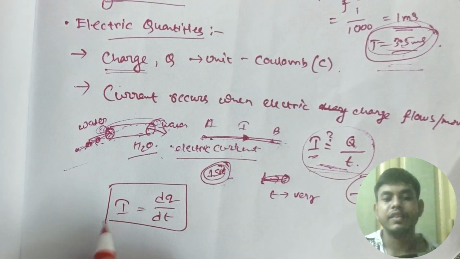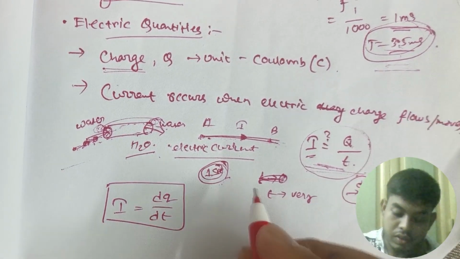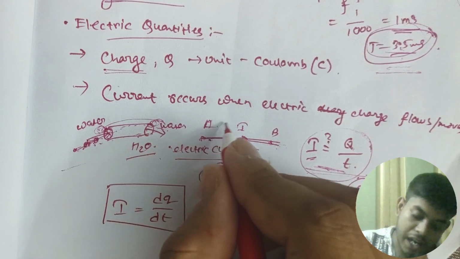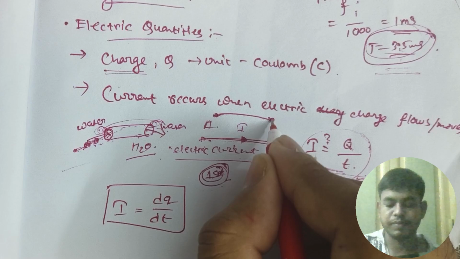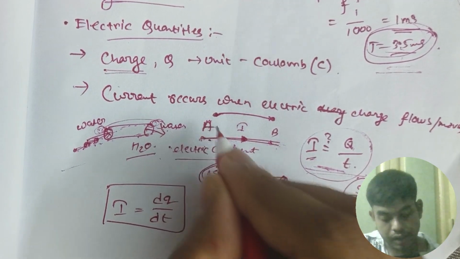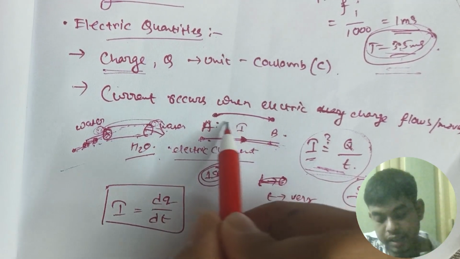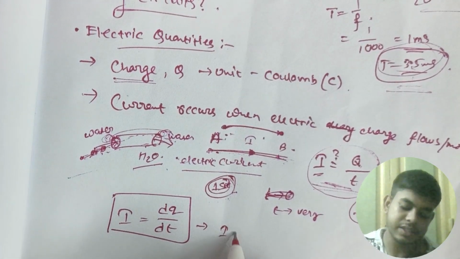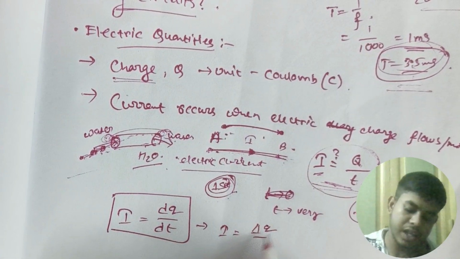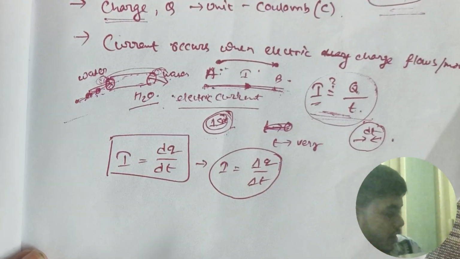This is the main definition of current. How much charge is flowing from point A to point B, and in how much time? We can also write it like this: delta q by delta t.